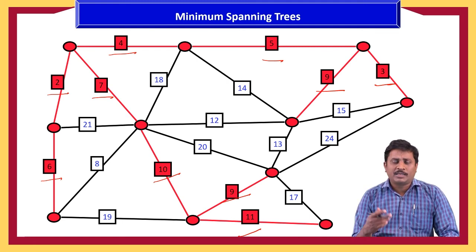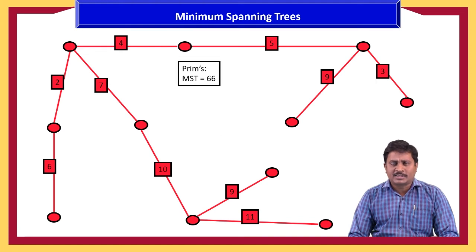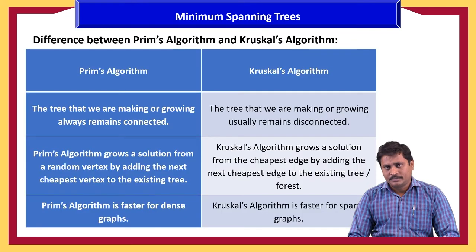Whenever any edge forms a loop, that is not a spanning tree, so we won't connect that type of edges. So now this is a minimum spanning tree. The minimum cost of the spanning tree is 66. In Prim's algorithm also, for the same problem, the minimum cost value is 66. The minimum cost is the same, but the way of connecting the edges is different.